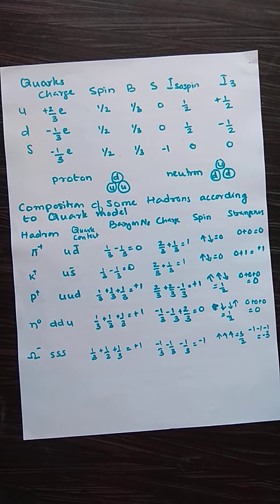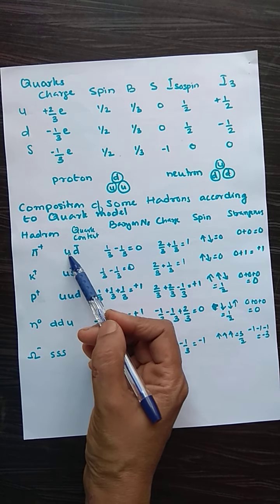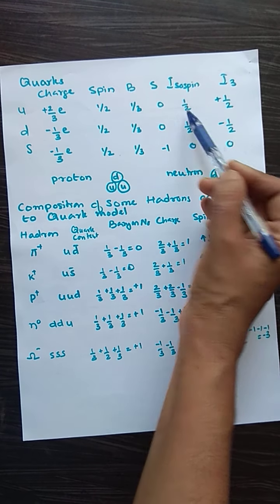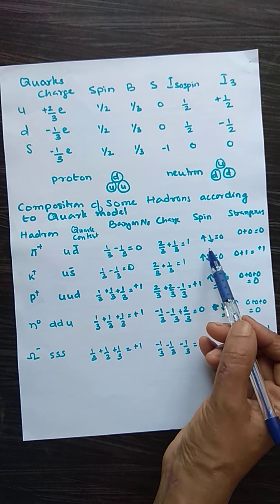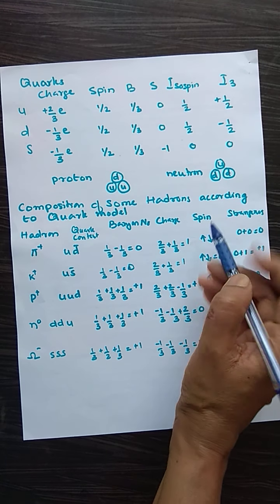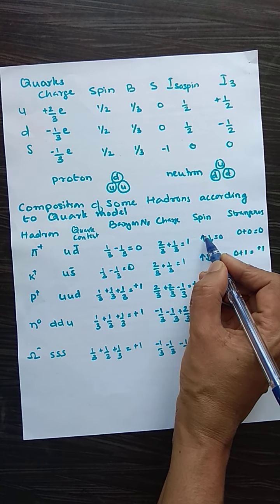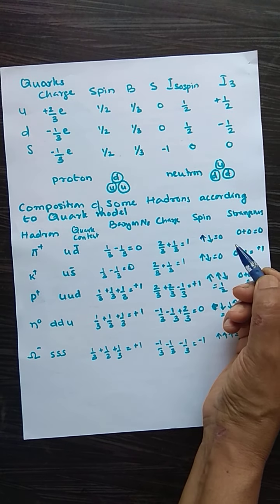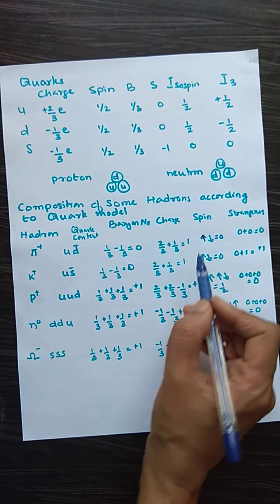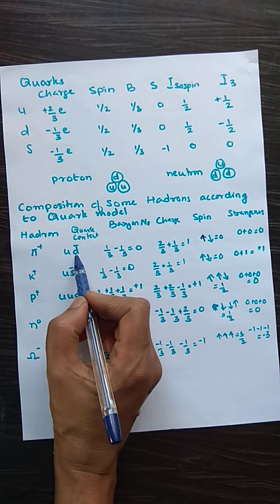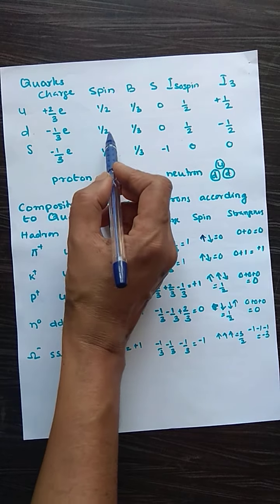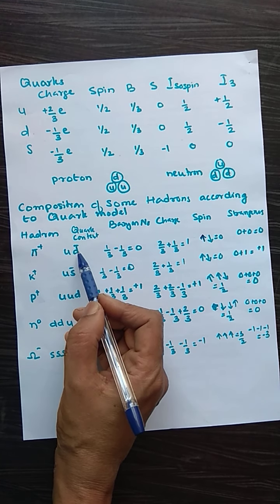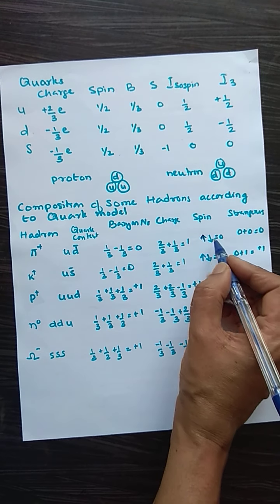So pi plus. And the spin. U quark has a spin plus half. Plus half or minus half only designates the direction in which the spin is oriented. U quark has spin half in the upward direction. Then D quark has a spin again in the upward direction, but here it is an anti-D quark, so it will be in the opposite direction.